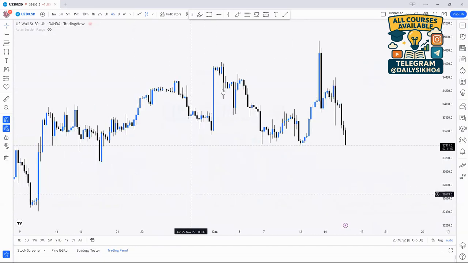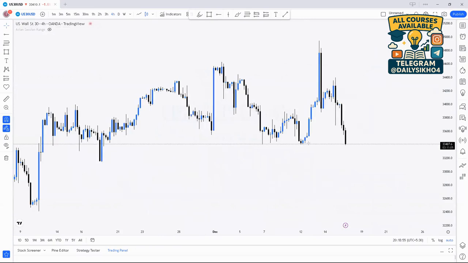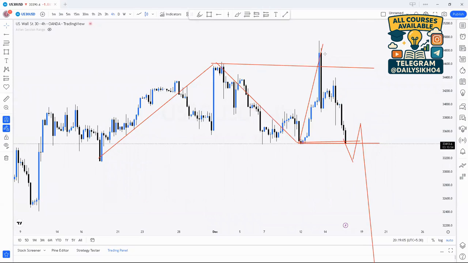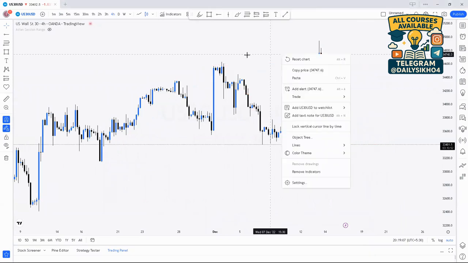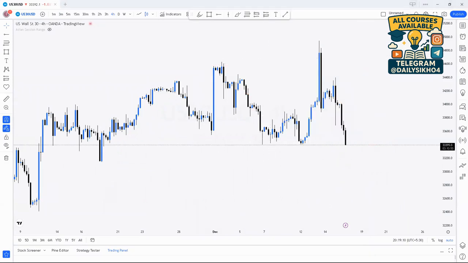So see, now what happened is that we broke the overall structure, which was the 4-hour structure. That's been broken. So expect sells to come into play, long-term sells to come into play. Do we consider wick or body, brother? Body, bro.